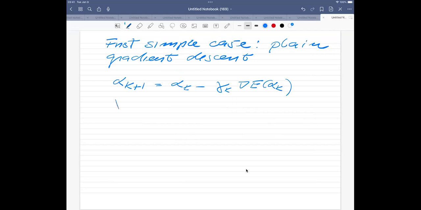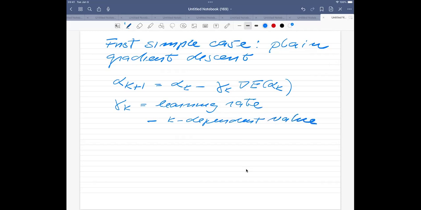Now, this gamma k is normally called a learning rate, and there are ways you can optimize it. It can be set up with a k-dependent value, so it depends on some information about the gradients.